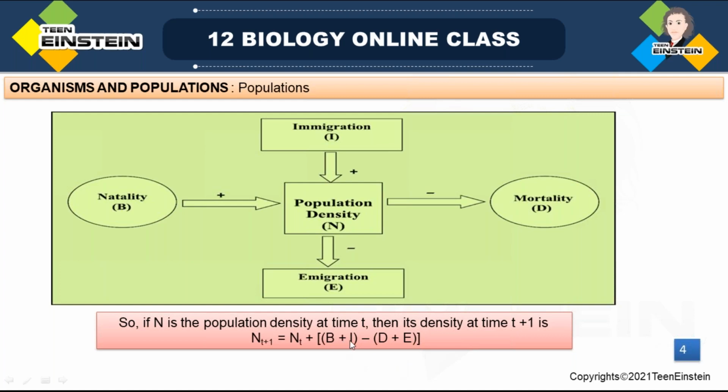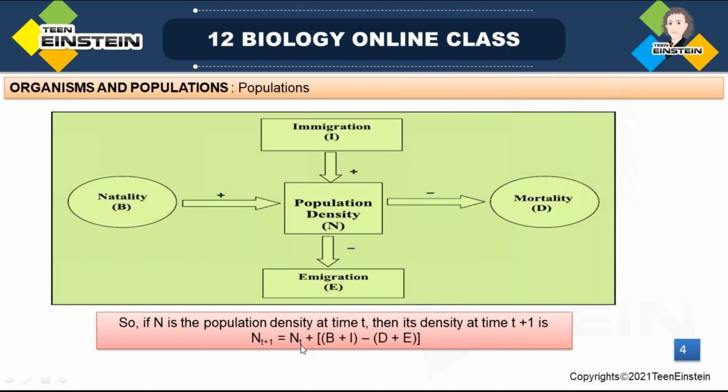Birth and immigration, first we need to add. That is the new individuals. Then we need to minus, from those new individuals, the death and emigrants. Then that gives the sum total of new individuals. Then with the new individuals, we need to add at time t.